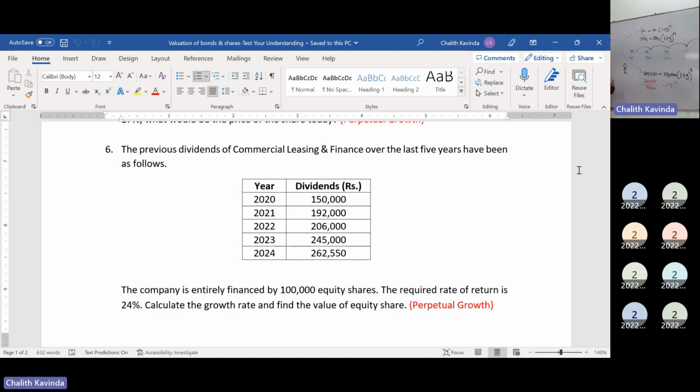Then 262,550 divided by 150,000 equals how much? 1.75. 1.75 equals 1 plus g, to the power 4. What you could do: click shift, click the power-root sign in your calculator, and you can get this symbol.